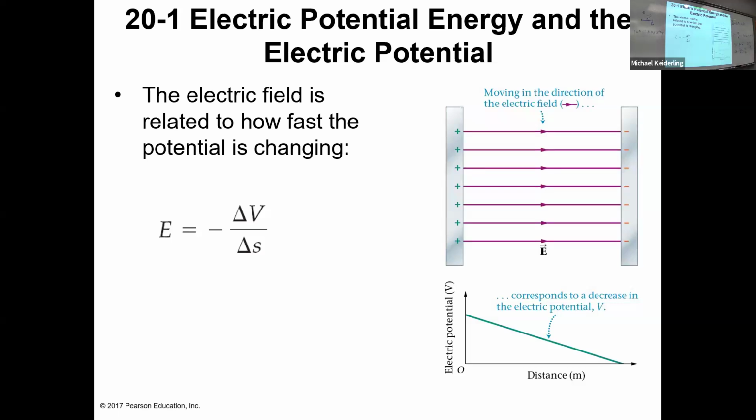I'm rusty at, strictly speaking, how you do it properly in multivariable calculus, but it's basically a derivative. And it might be the divergence.